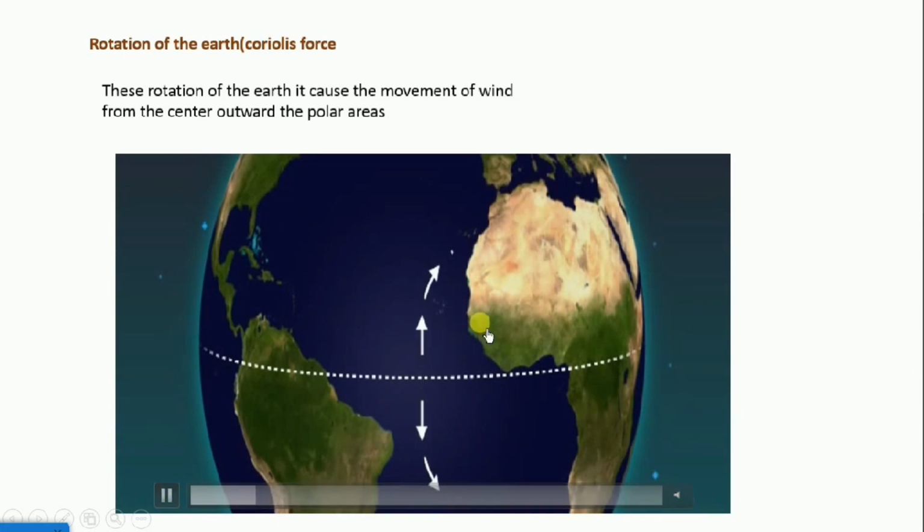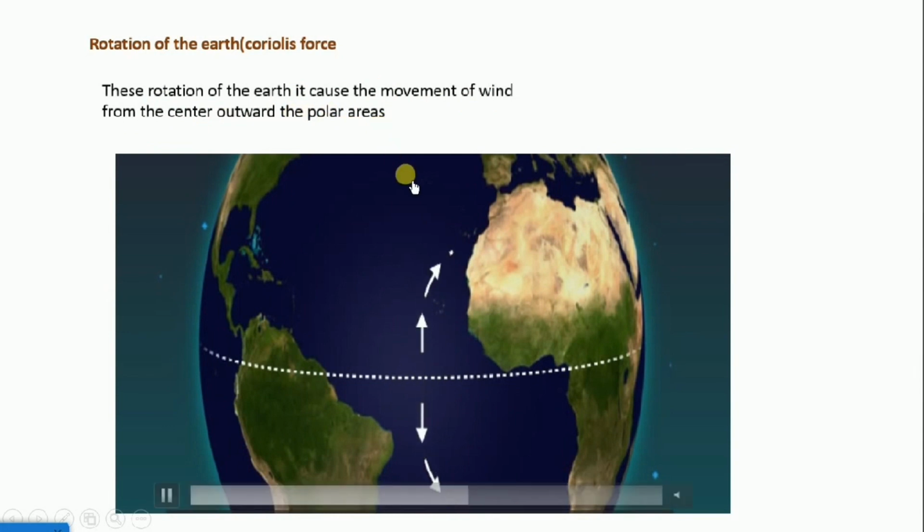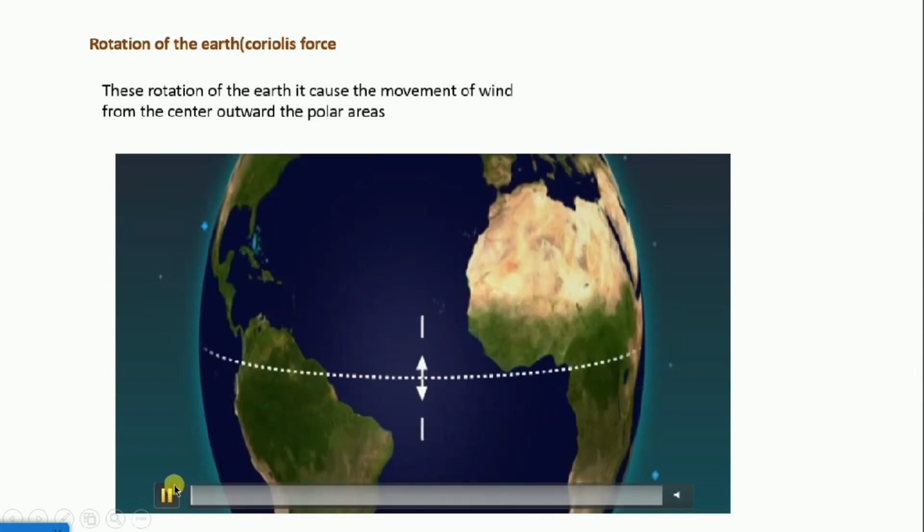Once the earth rotates from west to east, it produces some kind of air which is deflected toward the pole areas, the north pole and south pole.